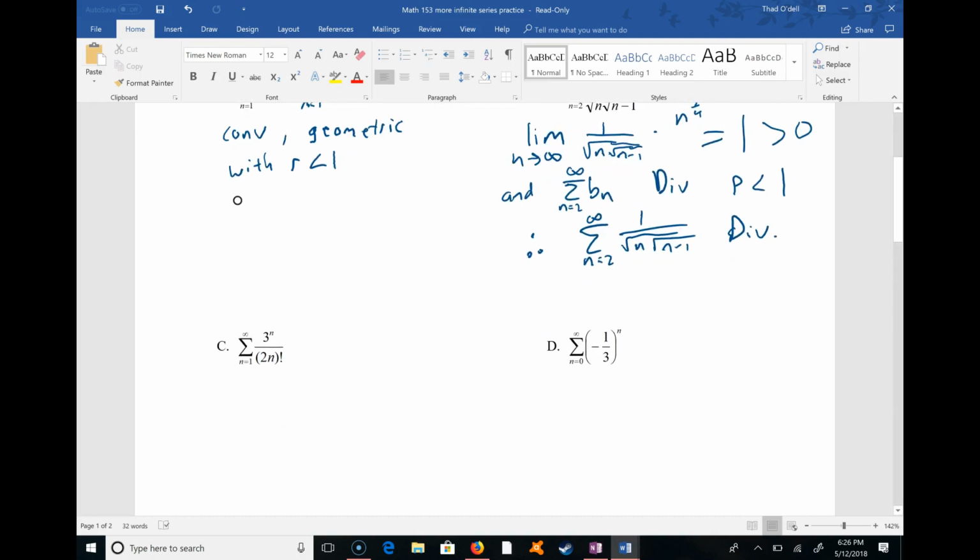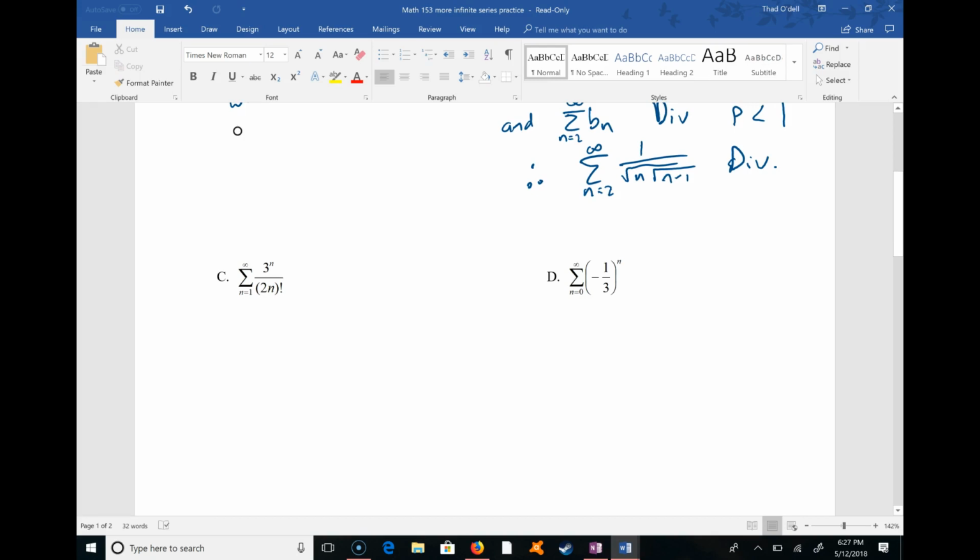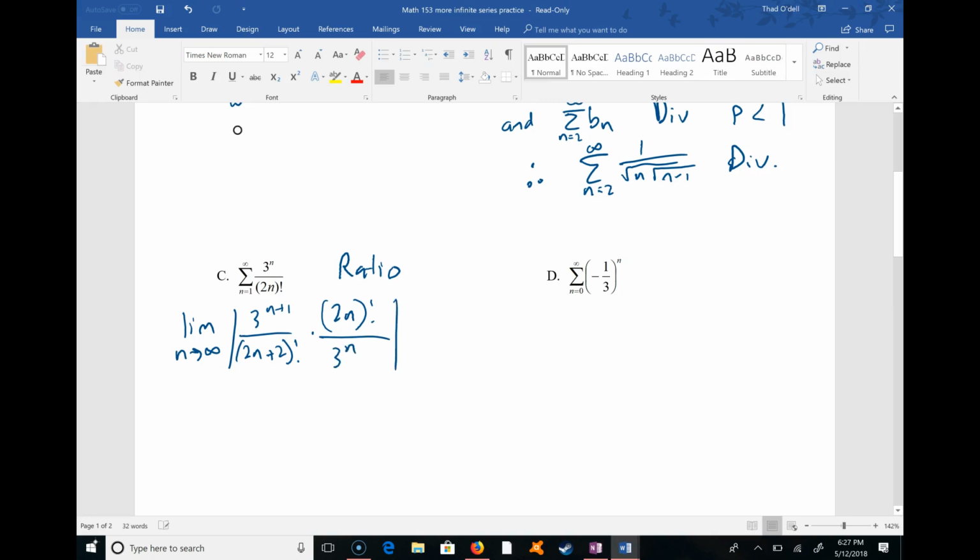This one is a classic ratio test because we got factorial and we have exponential. So I would say ratio up here just so I know which test I'm doing, and immediately go to the limit as n approaches infinity of the absolute value of 3 to the n plus 1 over 2n plus 2 factorial times 2n factorial over 3 to the n.